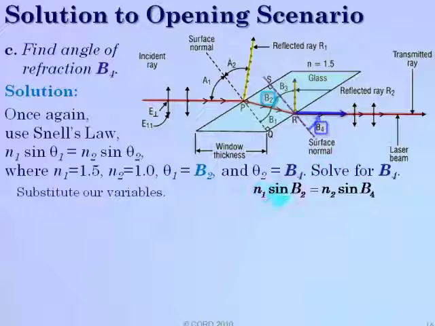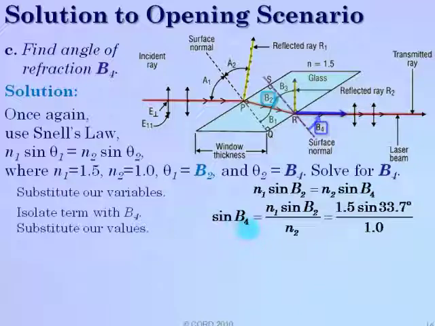So here's Snell's law with our variables plugged in. We need to isolate that term with B4. Since it's multiplied by N2, we'll again divide both sides by N2, which will leave sine of B4 on this side, and N1 sine of B2 divided by N2 on the right side.